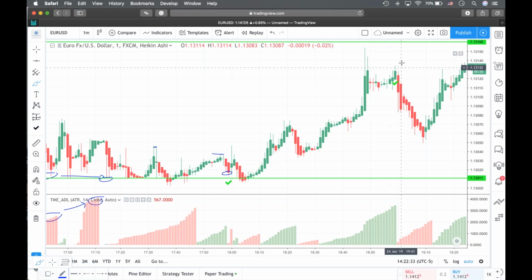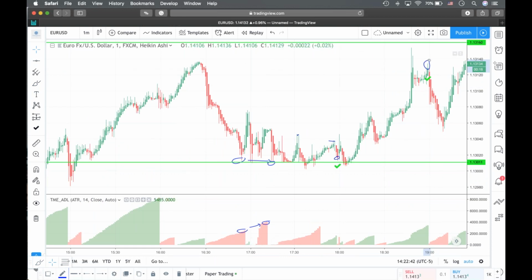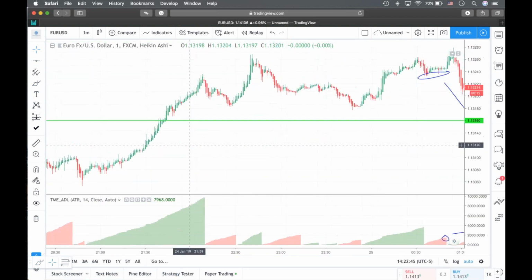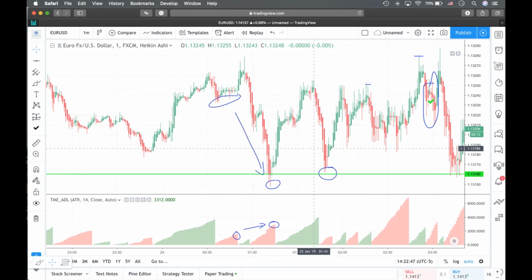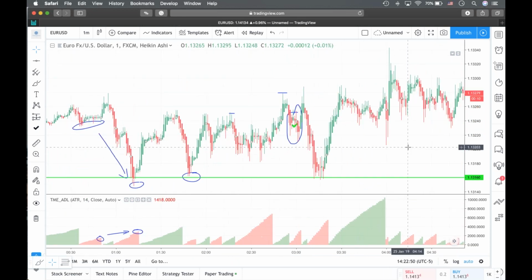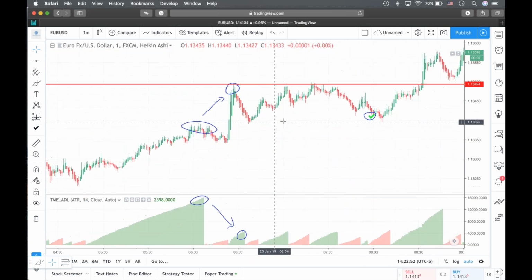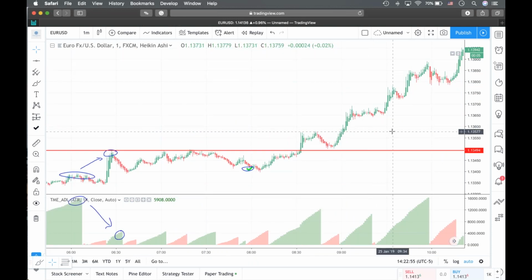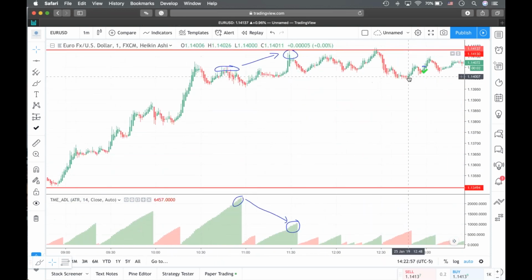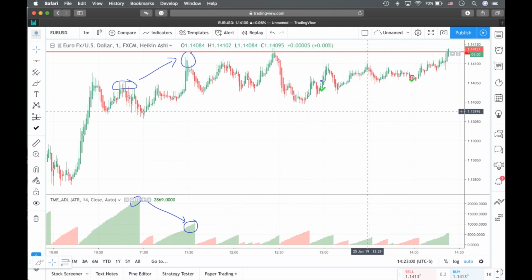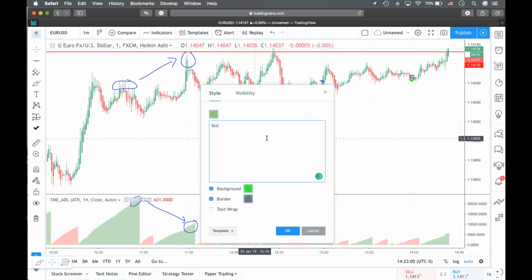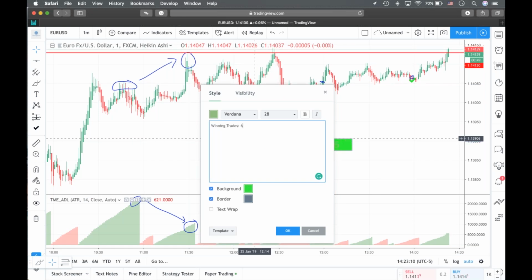Okay, so easily, if I'm going to sum up this back session, we have 1, 2, 3, 4, 5, and 6. So we have 6 winning trades. Winning trades, we have 6.